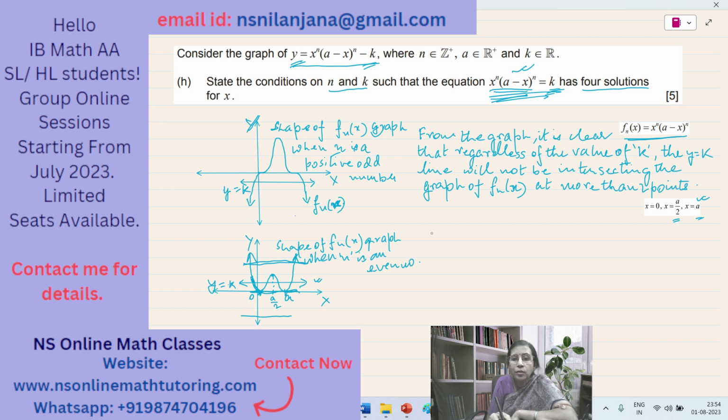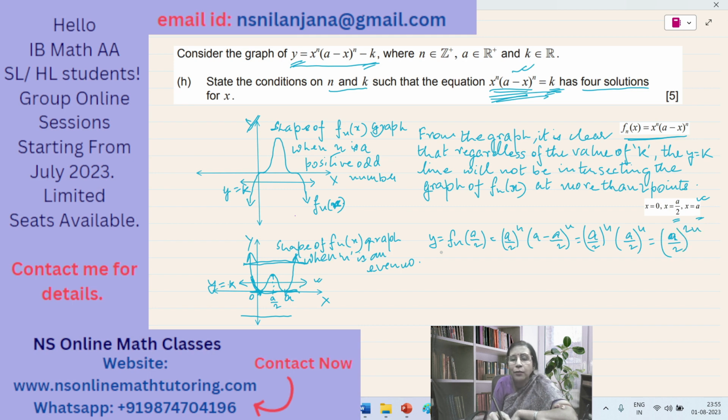If y equals fn of a over 2, equal to a over 2 whole to the power of n and a minus a over 2 whole to the power of n, which is a over 2 to the power of n times a over 2 to the power of n, or a over 2 to the power of 2n.